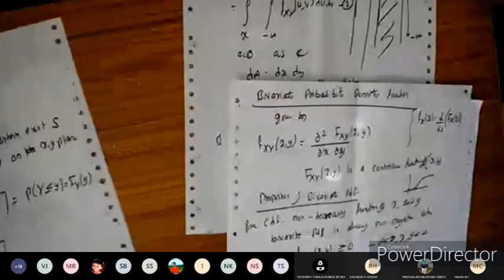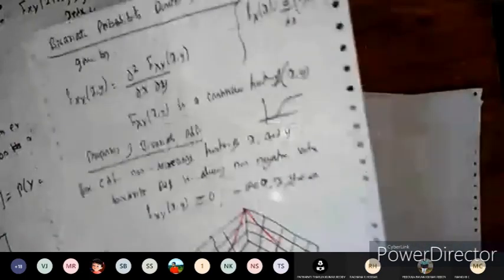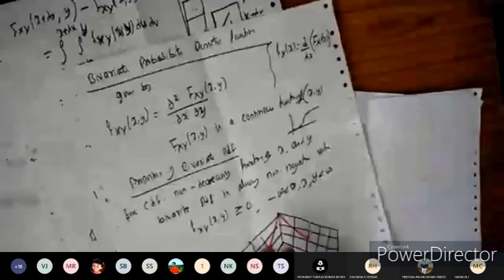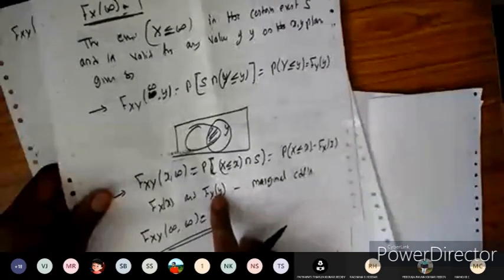So we have the marginal CDFs here. From these, we are going to extend the property to get the marginal PDF also.